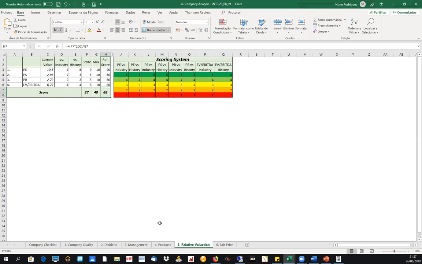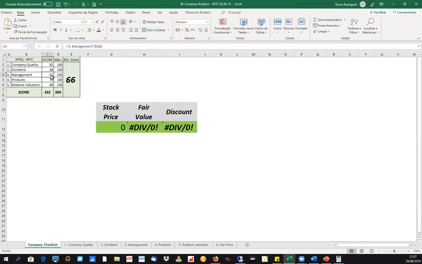So let's see how the company checklist is shaping up. Overall we have 66% for Intel, and no doubt that it's above average, above the 50%. So it's really a good company to consider investing in. Good quality, 82%.